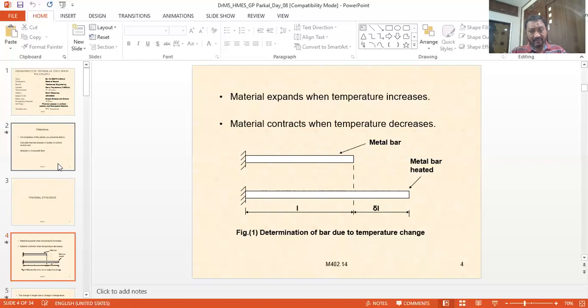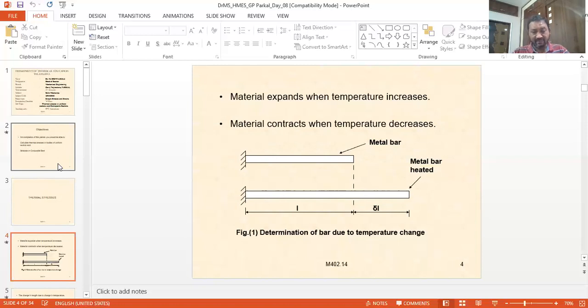Here in the present case, it is a metal bar subjected to an increase in temperature. So naturally, it expands, or the length increases.